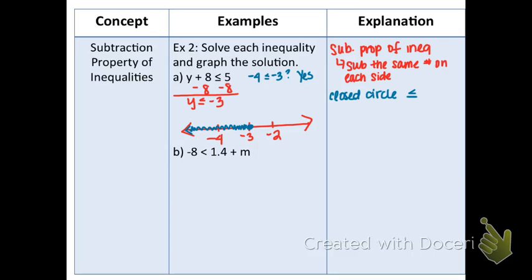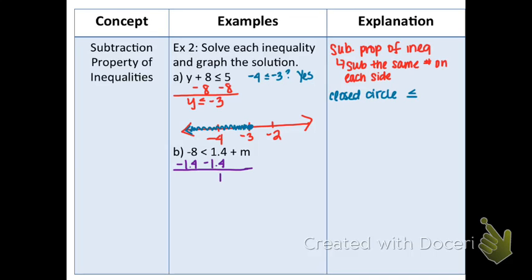So I want to solve for M, but I noticed that I have a 1.4 plus M, so I have that extra number. So what I want to do is, and I'm going to switch colors, subtract 1.4 from both sides. Because that is a positive 1.4 in the first problem.